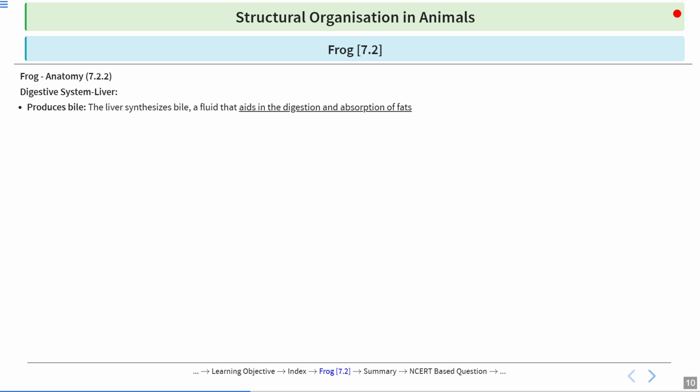Can you think, if the liver is not working, then what will happen? If the liver is not working, then the digestion that takes place in the intestine will not be there. Why?